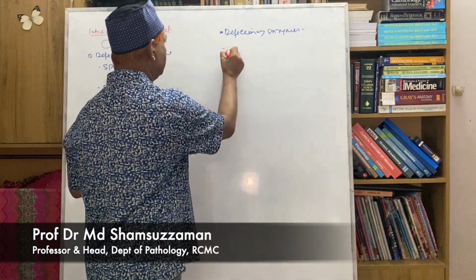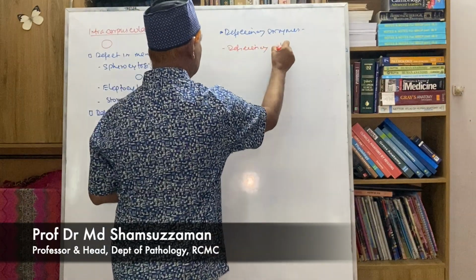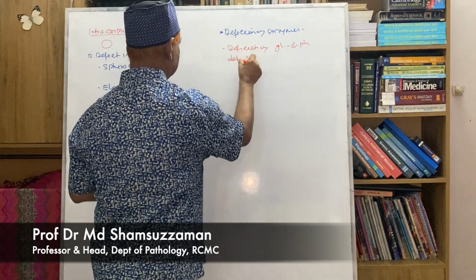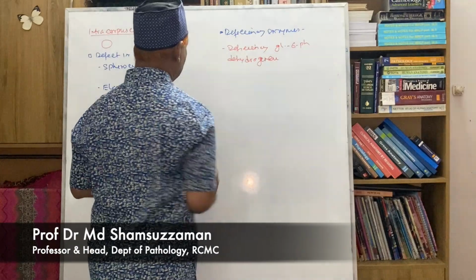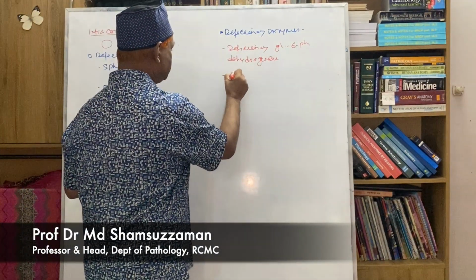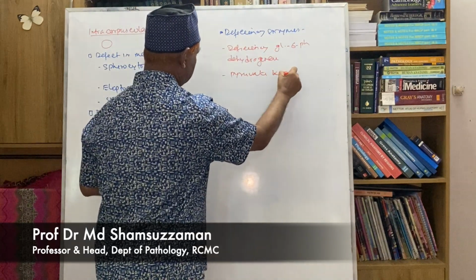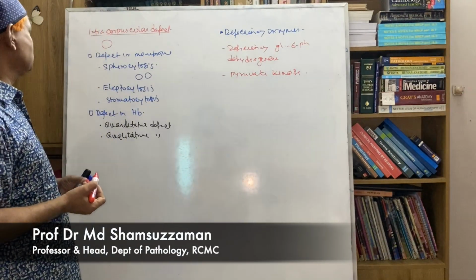So deficiency of glucose 6-phosphate dehydrogenase, and also pyruvate kinase deficiency. So this is the intracorpuscular defect.